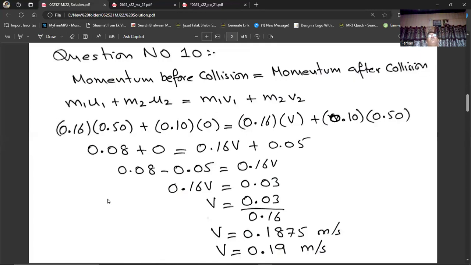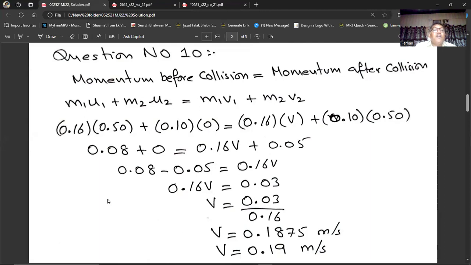So that means M1 U1 plus M2 U2 is equal to M1 V1 plus M2 V2. M1 is 0.16, its speed is 0.5 meter per second before the collision. M2 is 0.1 kg and its speed is 0. After the collision, M1 is 0.16 kg, its velocity is the question. M2 is 0.10 and its velocity after the collision is 0.50. So just put those values here.